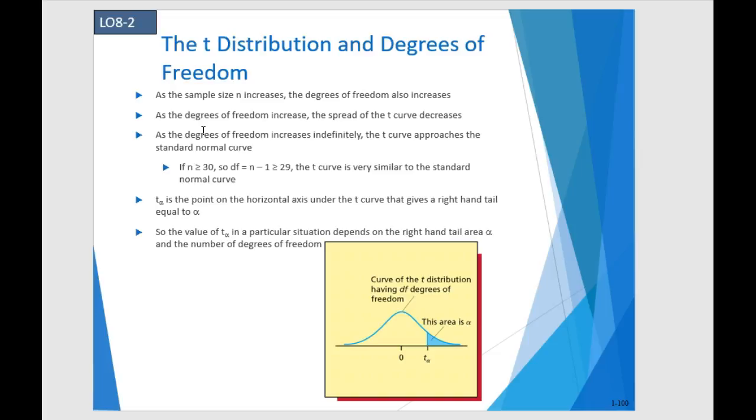The t-curve is giving you the alpha area. So the inside part of the t-table is going to be t-values, which is not the same as the normal distribution, where the inside of that table was probabilities and the outside was the z-values. The value of t-alpha in a particular situation depends on the right-hand tail area alpha and the number of degrees of freedom.